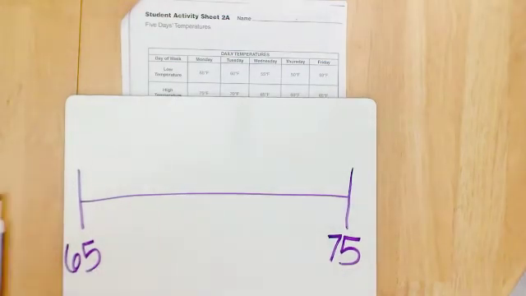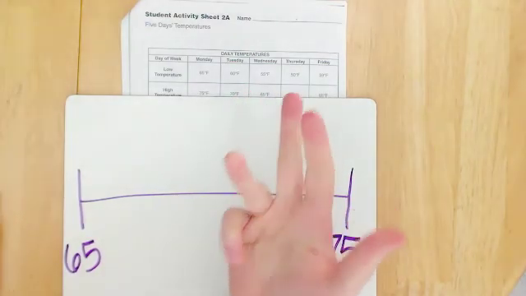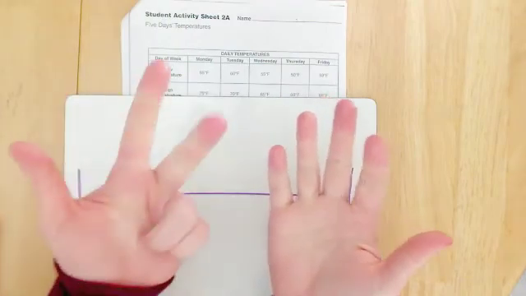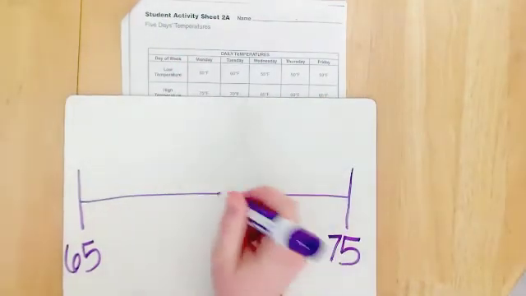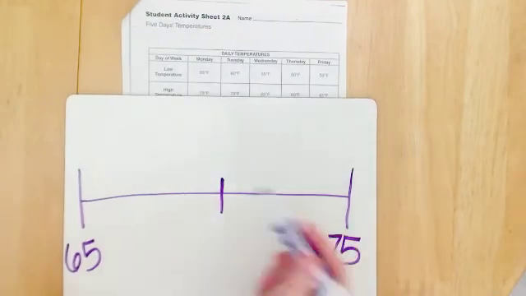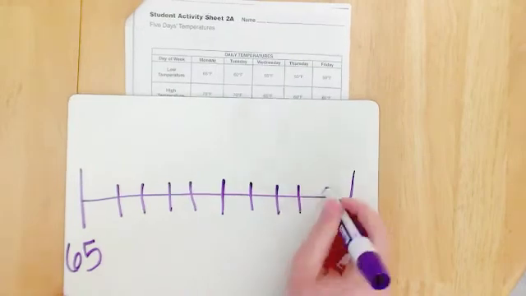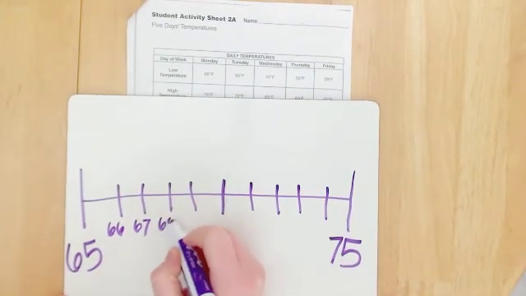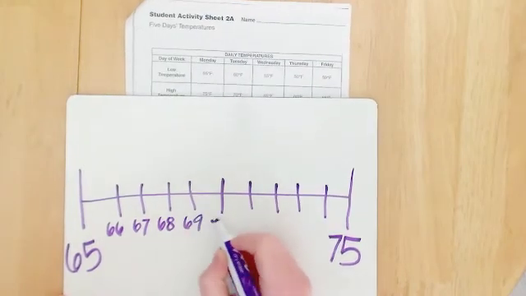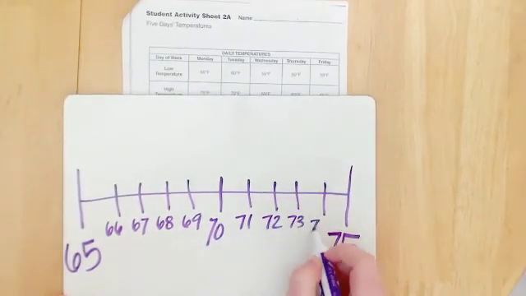If I'm not sure, I'm going to count 65, 66, 67, 68, 69, 70, 71, 72, 73, 74, 75. 10 in between. So I need 10 lines. 66, 67, 68, 69, 70, 71, 72, 73, 74.